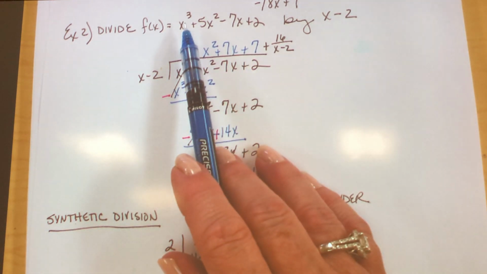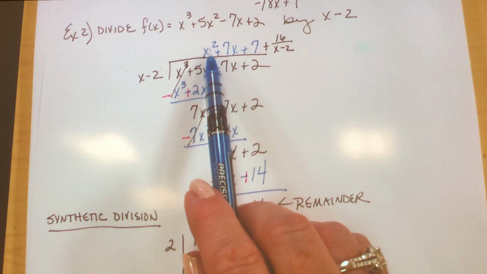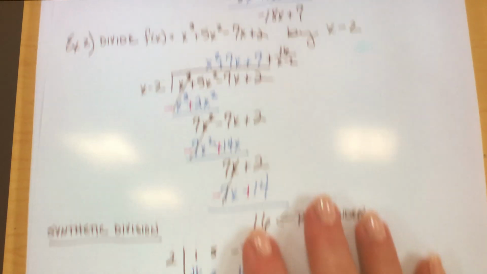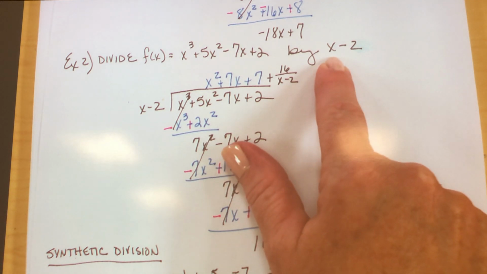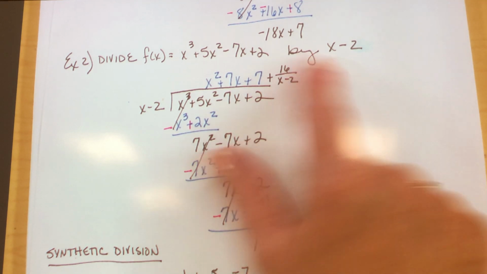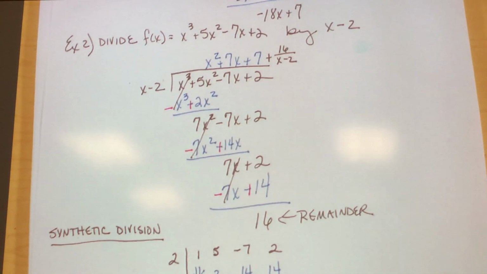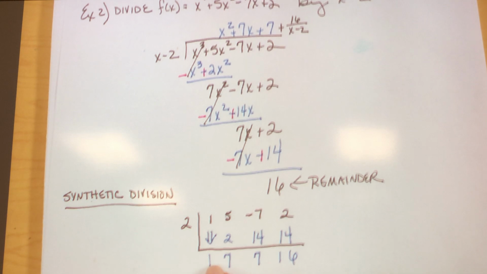And this is a 3rd degree equation, and this is a 2nd degree equation. Guys, listen to me. If you divide an x to the 3rd by an x to the 1st, which is what we just did, what will you get? An x to the 2nd. Yeah, it'll be 1 degree less. So this is 1 degree less.